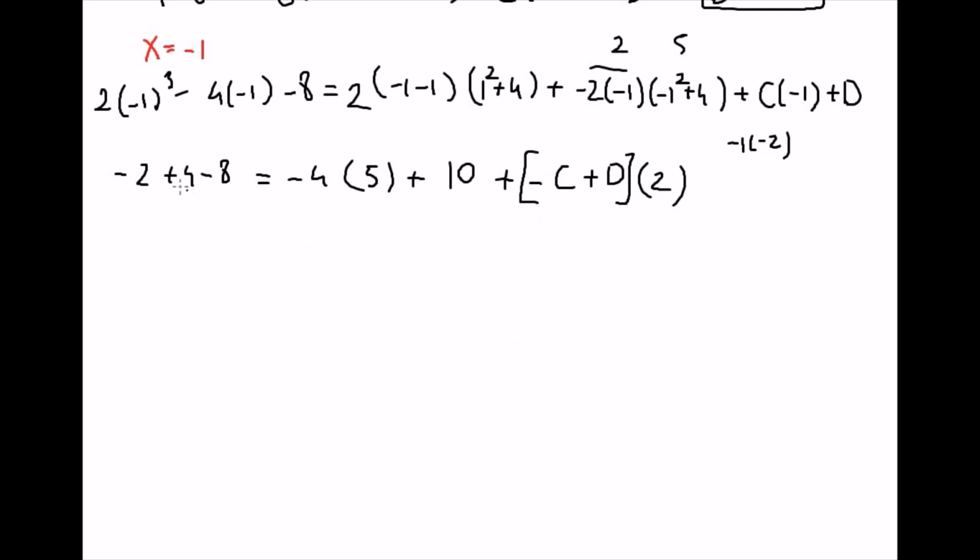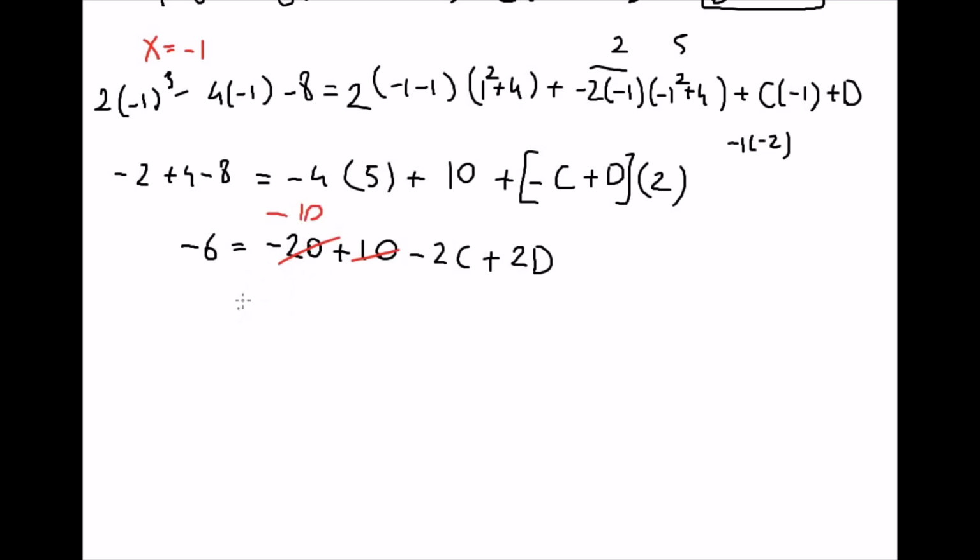Here we have negative 10 plus 4 is negative 6. Here we have negative 20 plus 10. And here we have negative 2c plus 2d. And here if we merge the numbers, we have negative 10 here.